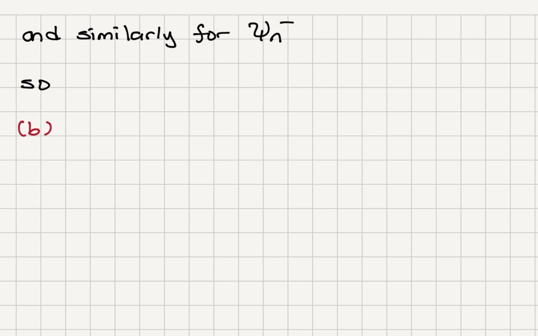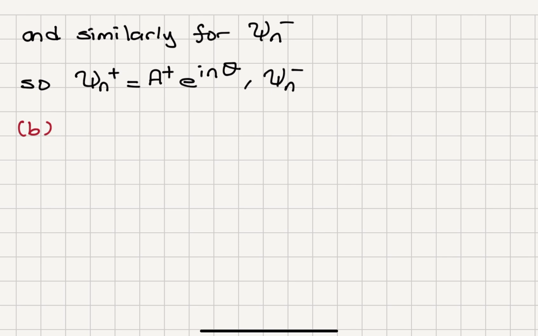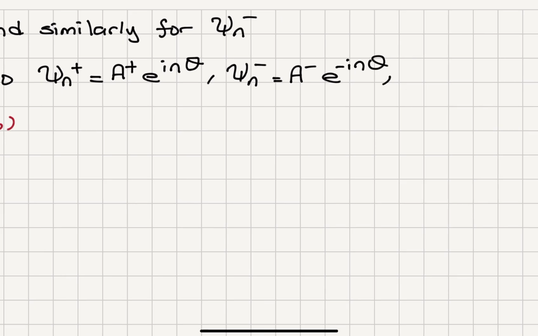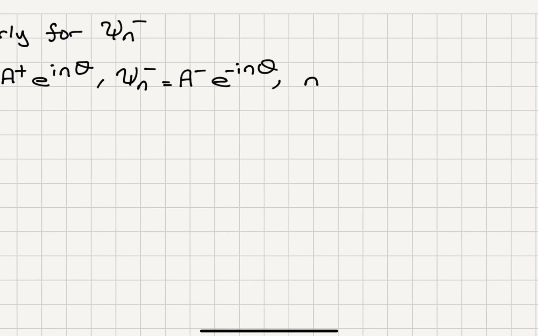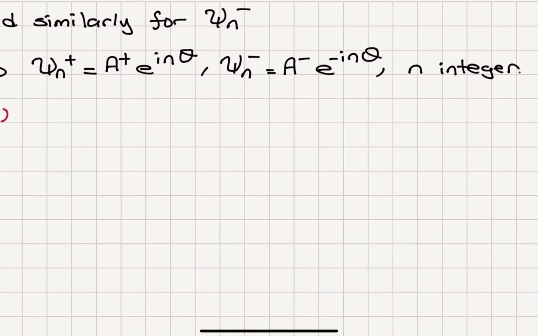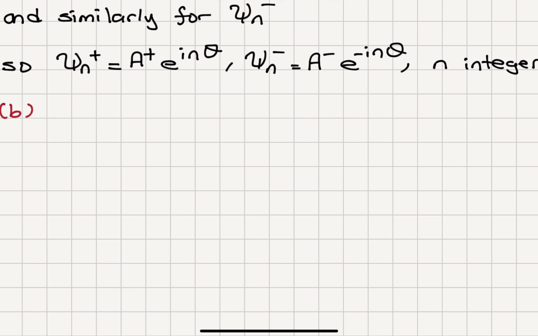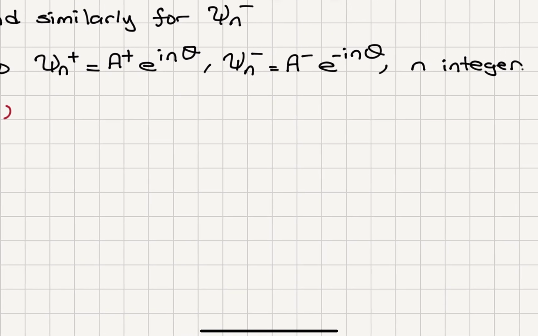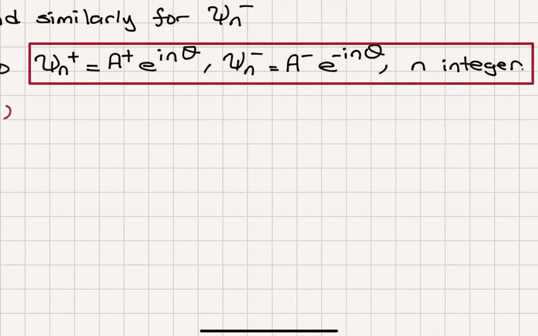So I can write the solutions as psi n plus is a plus e to the i n theta, and the minus solution, psi n minus, is the normalization constant a minus e to the minus i n theta, where n must be an integer. These are the solutions to the time-independent Schrödinger's equation satisfying the given boundary conditions.